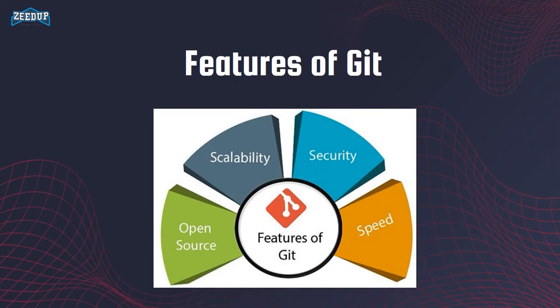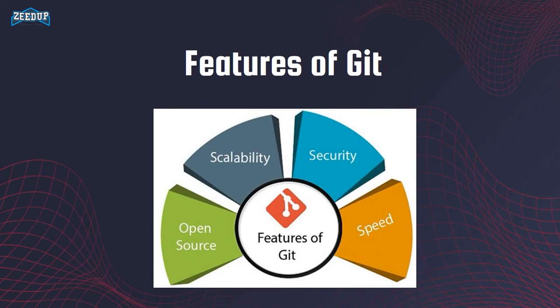If we talk about the features of Git, there are different Git features. The most common ones are these. Git is an open source tool, which means that it is released under the GNU General Public License, so everyone is able to use it freely. You do not have to pay anything to use Git, and this is one of the most important features of Git.